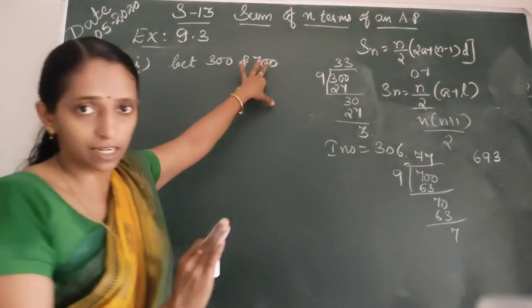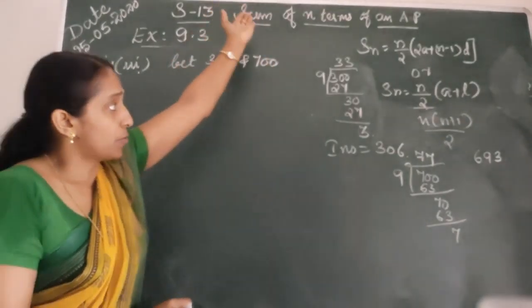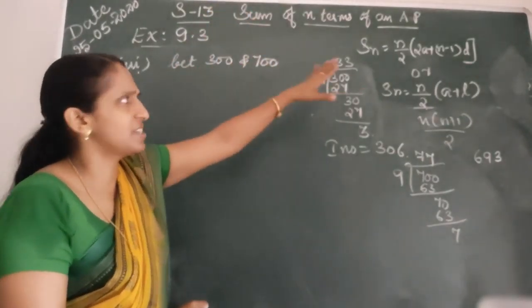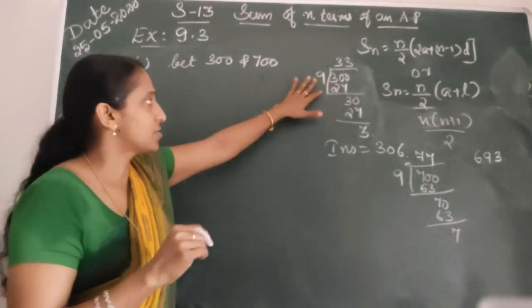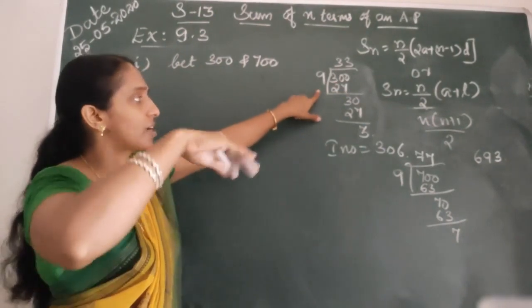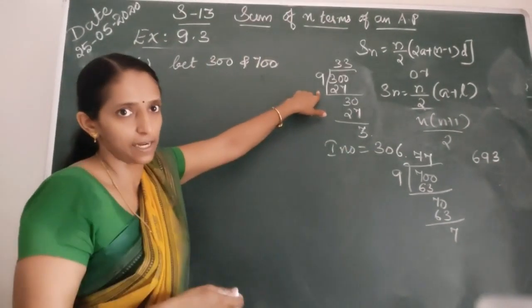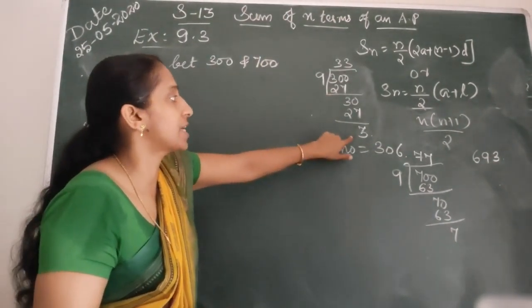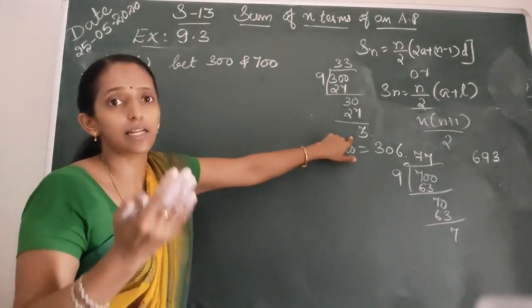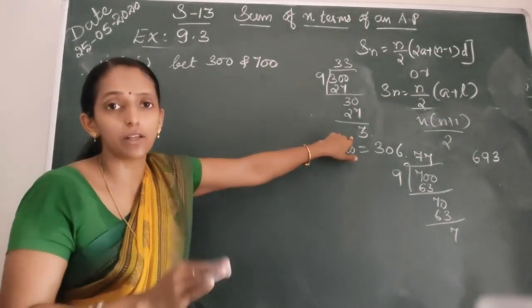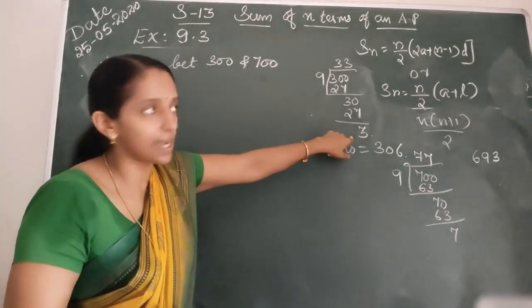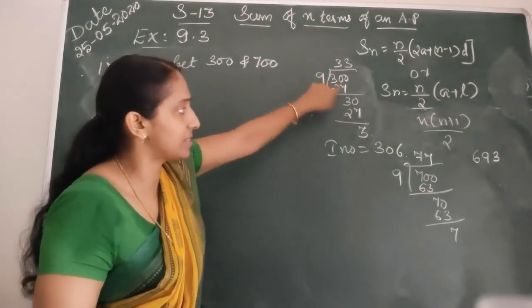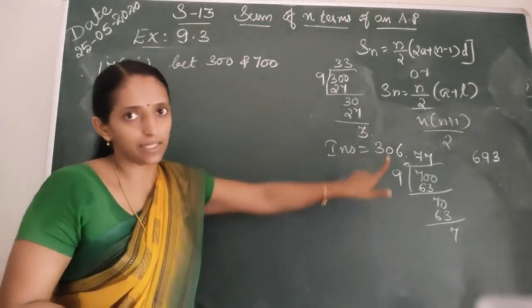Did you understand the concept? To find the next number, these concepts you have studied in lower classes, right? To find the next number after 300, whatever the remainder comes, we need to add the rest. The remainder already we are having is 3, so we need 6 more to get 9. That 6 you will add, and you will get 306.